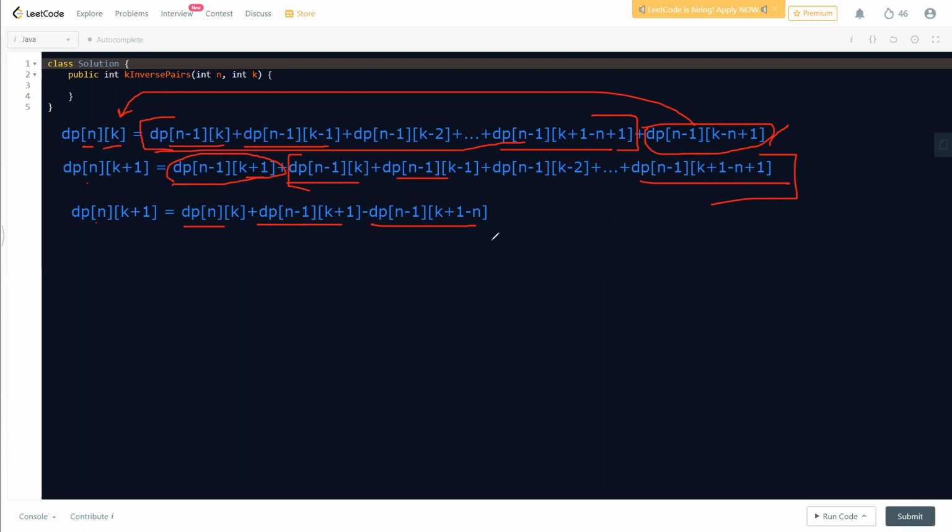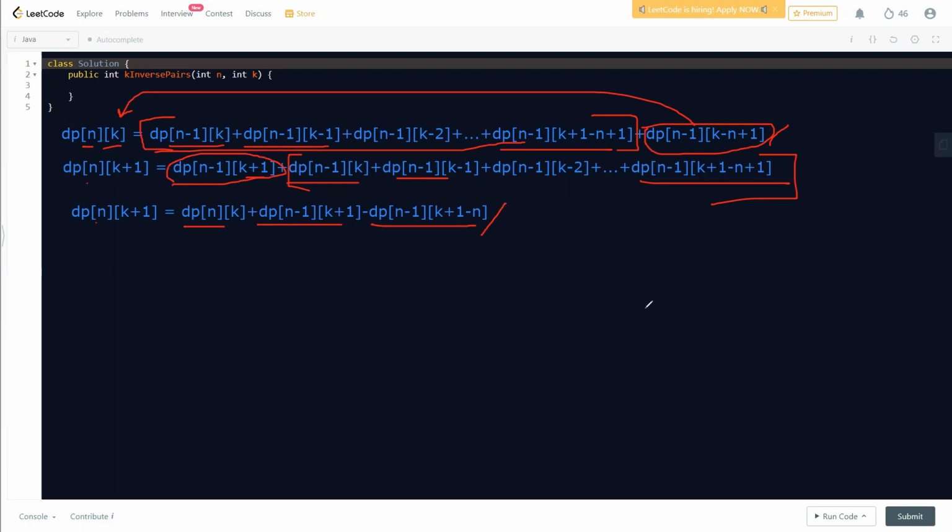Why are we trying to come to a conclusion like this? The main reason is, remember when we took n equal to 3 in the beginning, we just kept on increasing our k, and we kept on finding how many ways the formulation is possible, how many ways we can come across this solution.